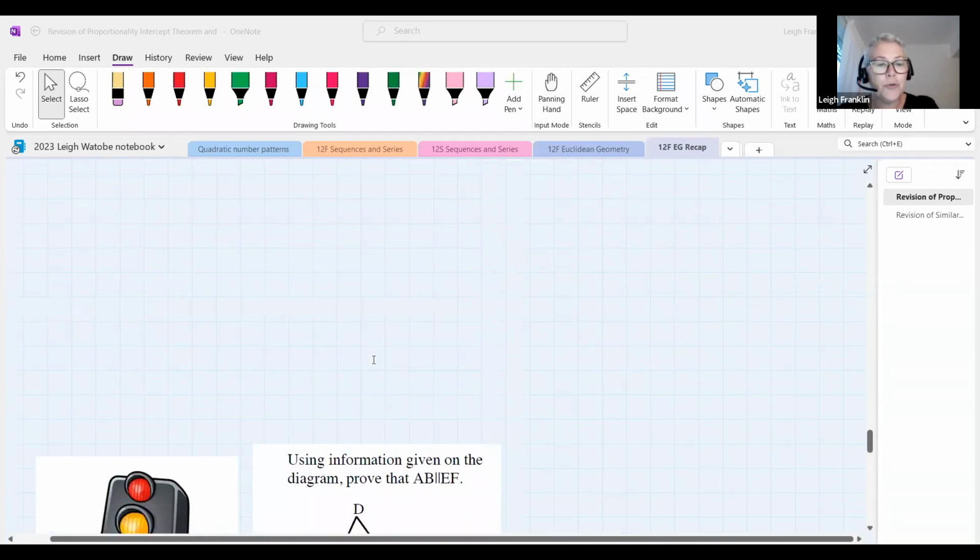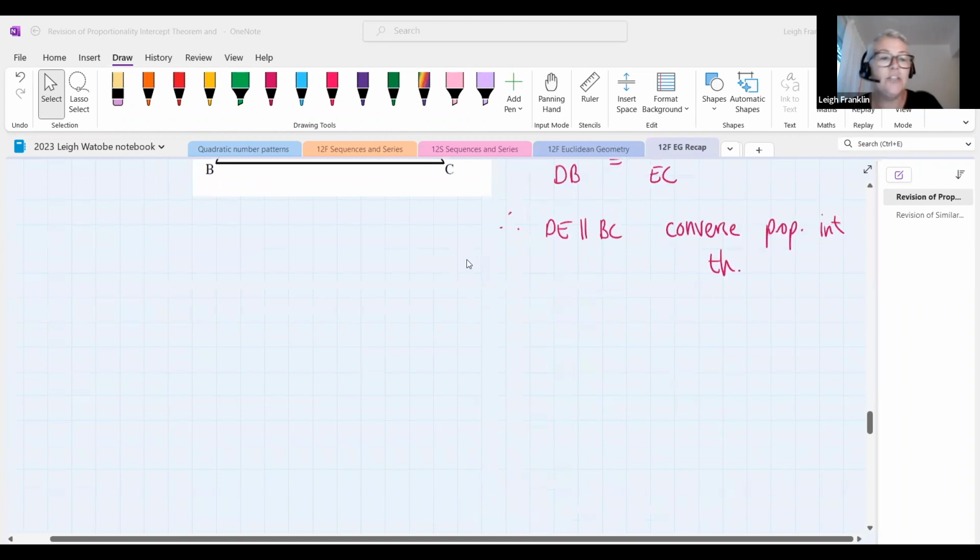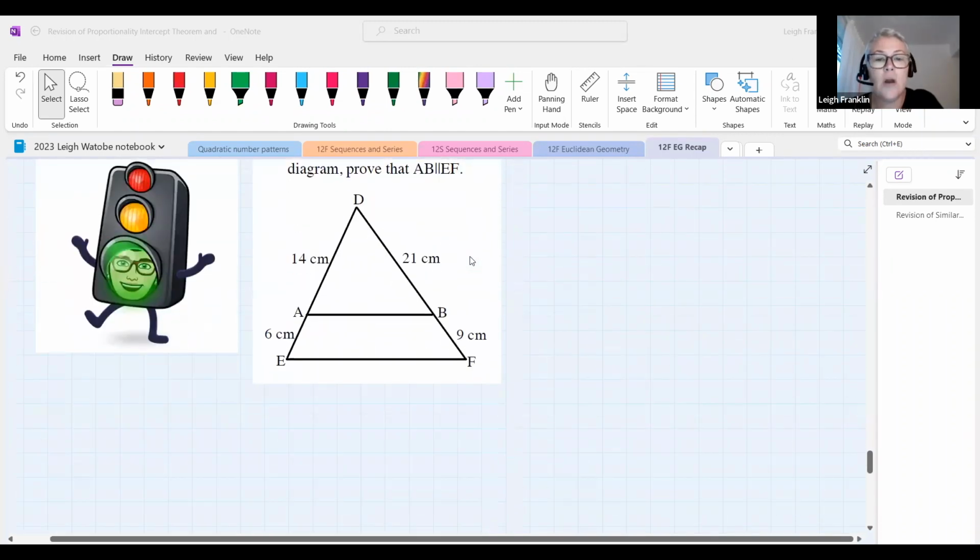So what I'm going to do is give you an opportunity to practice one. It's exactly the same as the one that we've just done, just a different triangle and different numbers. Setting it out is very important.